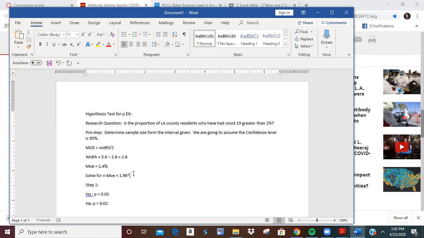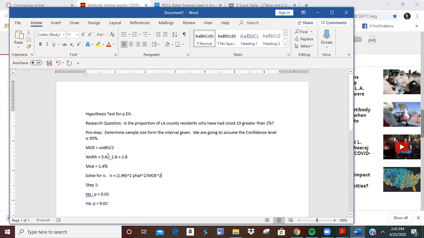We'll use that formula that we had: n was equal to our z value squared times our p-value squared, all over our margin of error squared.